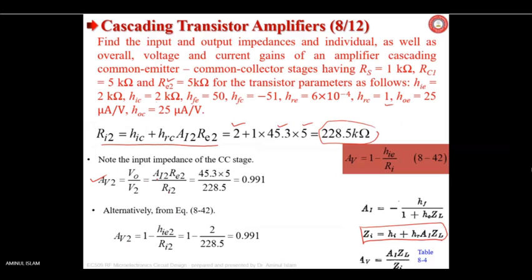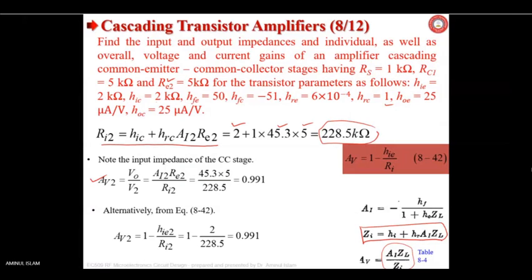Now VO by V2 can be written from the table as AI2 into RE2 divided by ZI, and ZI is now RI2 for us. Is it correct?